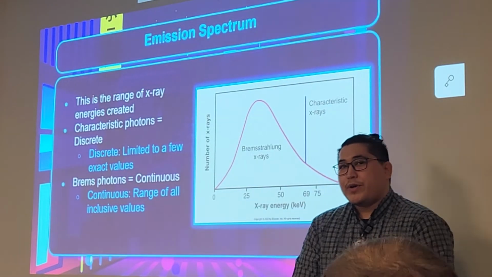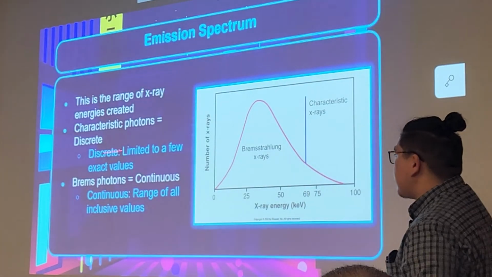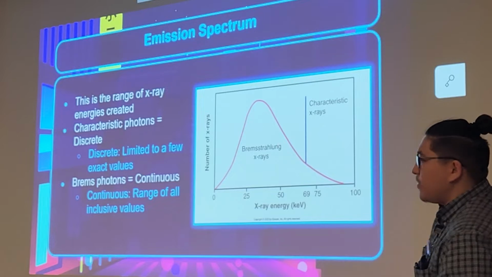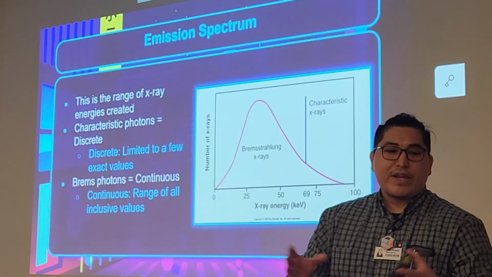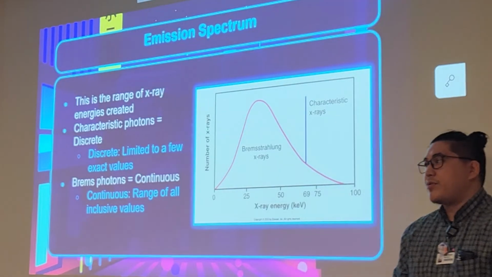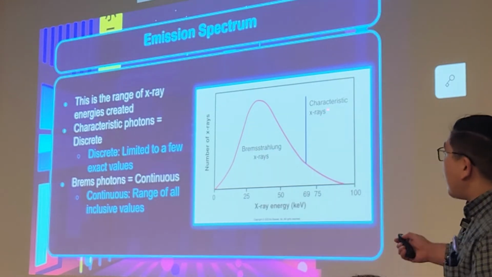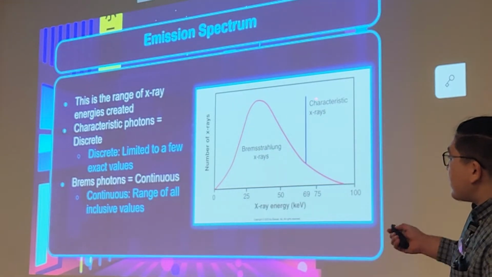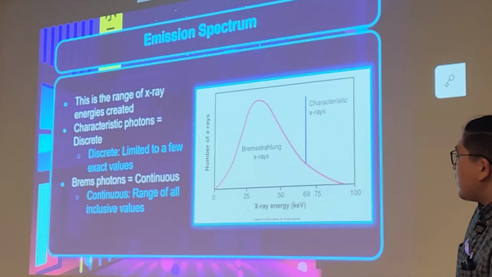So moving on, we're going over the emission spectrum now. The emission spectrum is this graph here. It's a visualization of the range of X-ray energies that are created through our Bremsstrahlung and through our characteristic interactions. As you can see here, this purple line is our characteristic, and these are known as our discrete values.